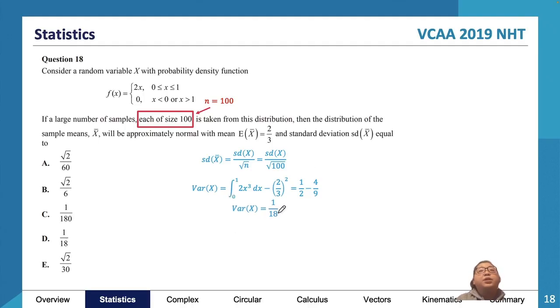That gives you a variance equal to 1/18. Then your standard deviation will equal root 2 over 6. So then the standard deviation of the sample mean will equal root 2 over 60, to get you the value that you want here. And that's essentially it. Then you'll pick that, and that's going to be option A there.